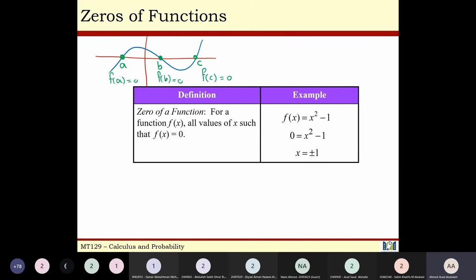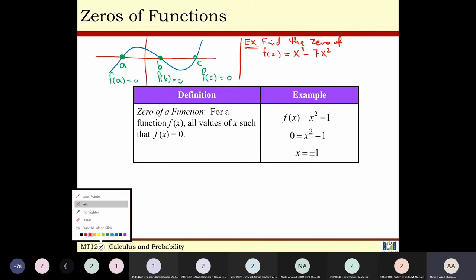Okay, example for this. Find the zero of f of x equal x to the power 3 minus 7x squared.